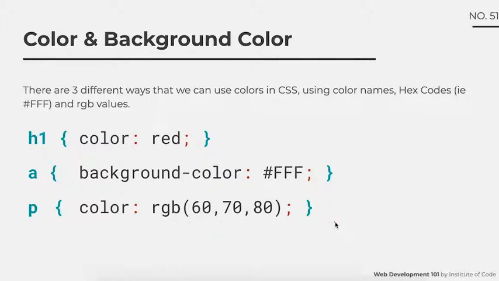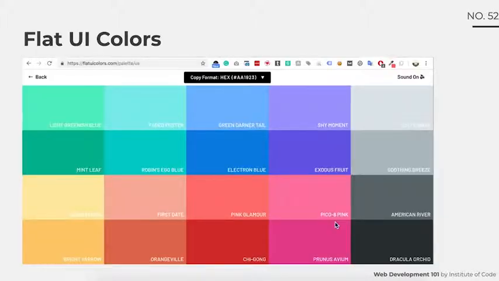Now we can use color names, we can use hex codes, and we can use RGB values. So whatever format you have your color in, you can use that in CSS. You may not know off the top of your head what the hex code would be for colors, and you'll often find that the color names like red, blue, green, yellow are a pretty jarring, not very attractive version of that color.